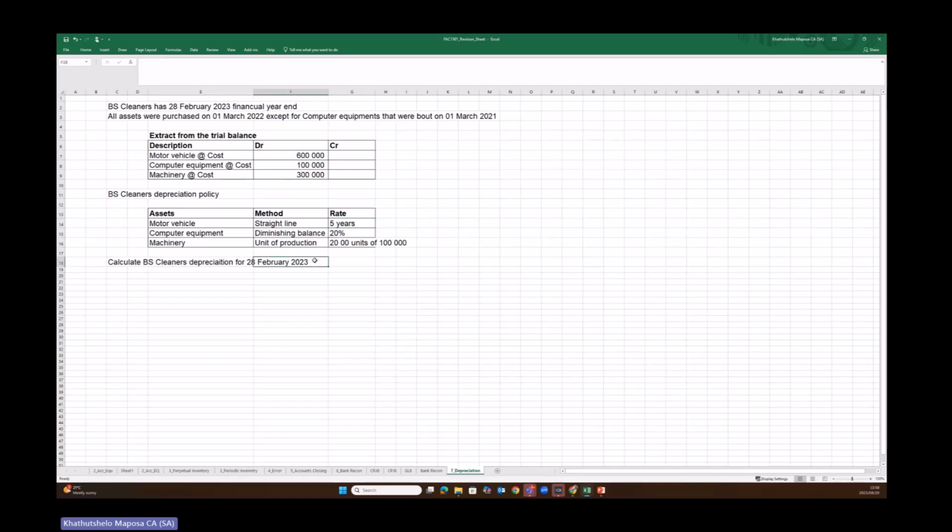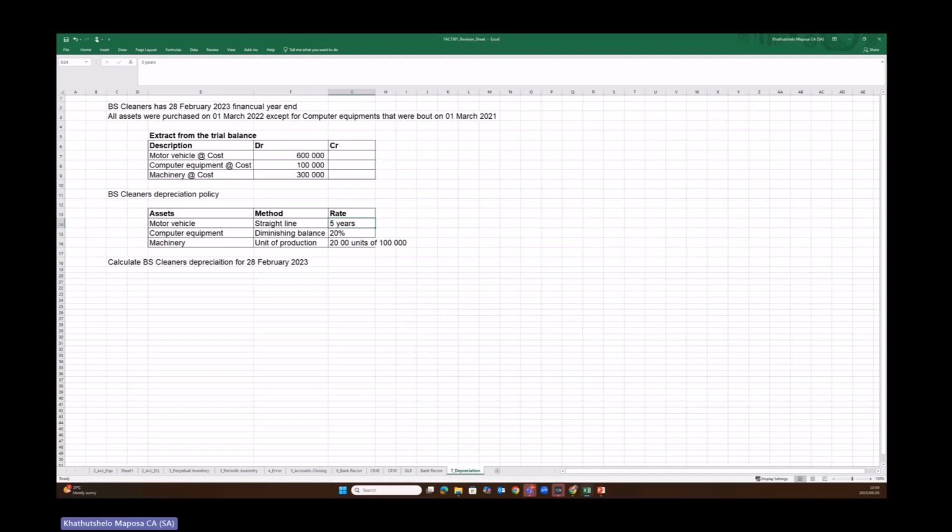Who wants to calculate depreciation for us? Pato, calculate depreciation for motor vehicles for us, straight line method, 5 years.